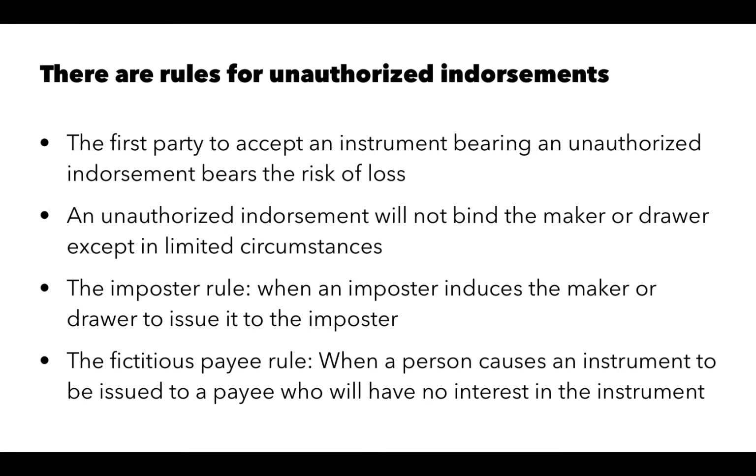The fictitious payee rule states that when a person causes an instrument to be issued to a payee, when in fact the payee will have no interest in the instrument, the same applies. So remember the general rule that the first party to accept an instrument bearing an unauthorized endorsement will bear the burden of loss.